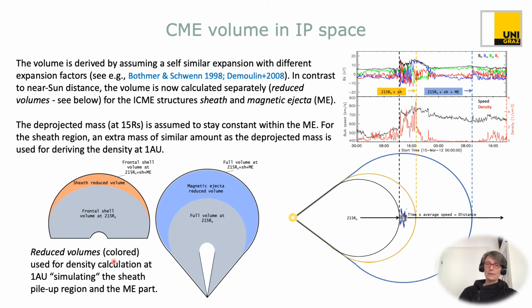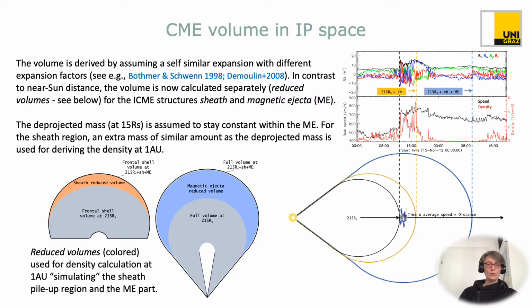For the sheath, we do a similar approach. We have here the frontal shell only from the GCS model, and then reduce the volume to mimic a pile-up of material at the CME front. Using these reduced volumes and the mass that we derived, we then compare that to in-situ measurements.